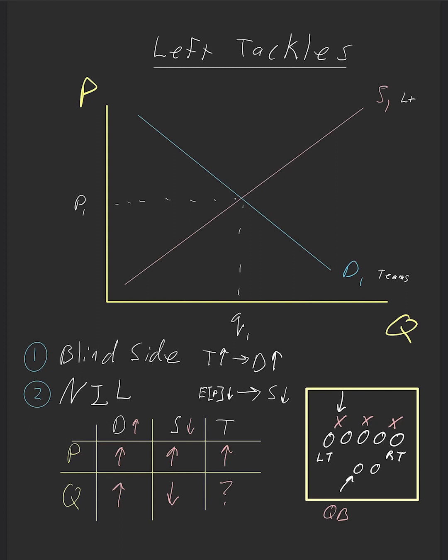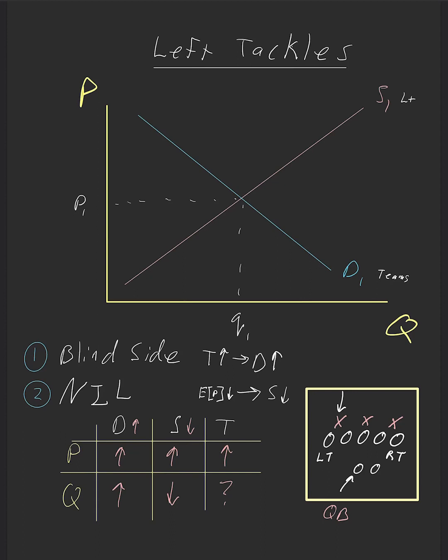Of course, in recent iterations of football, we have very highly specialized players called edge rushers that work to sack the quarterback, and they employ many kinds of strategies. But typically, we see them on the left side of the line from the offense's perspective.